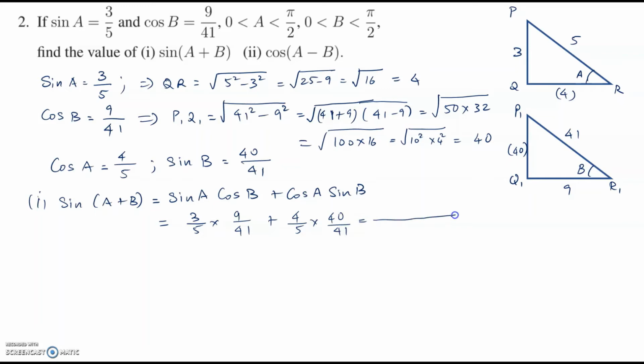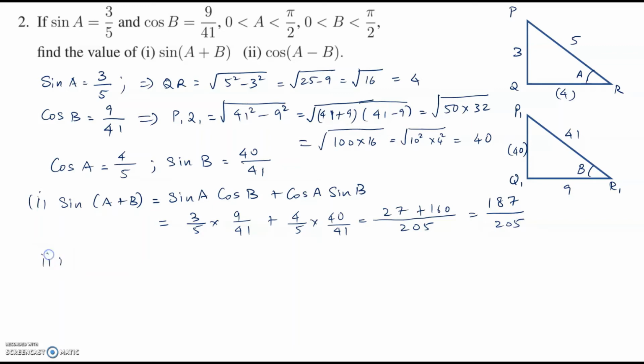So your denominator will be 205, which is 5 into 41. It's the same for both the terms. Then this is 27 plus 160. So your answer will be 187 divided by 205.